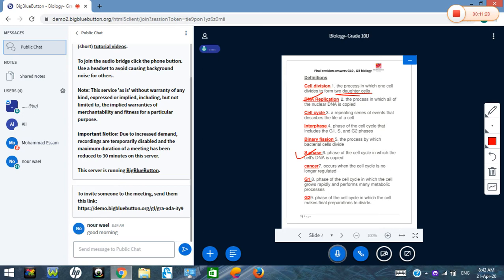If the question asks about the phase, it will be S phase. If it asks about the process, it will be DNA replication or duplication.